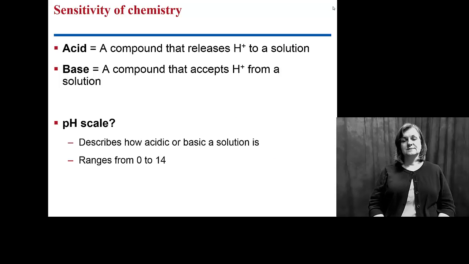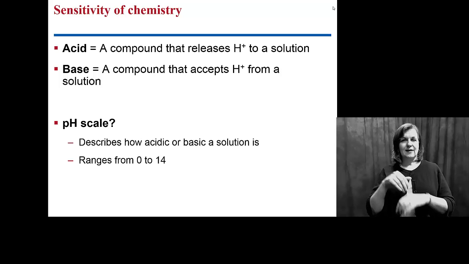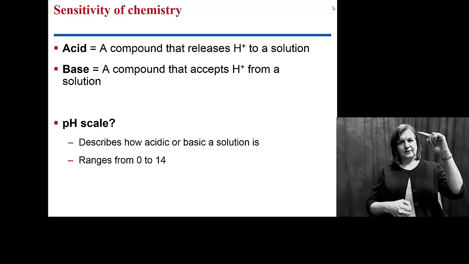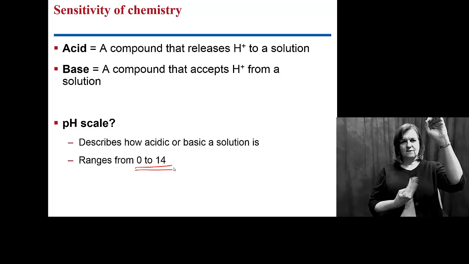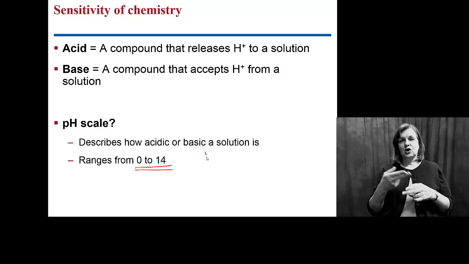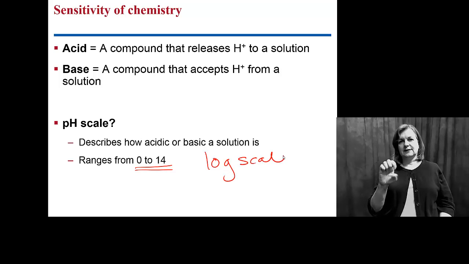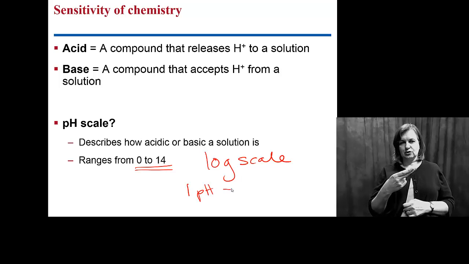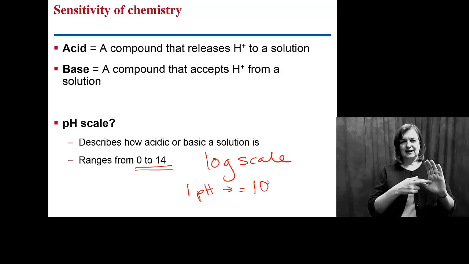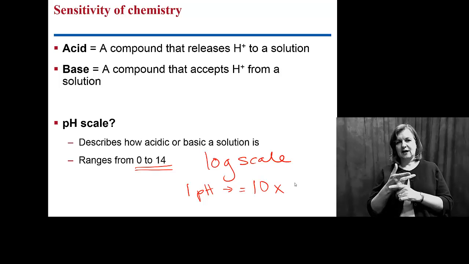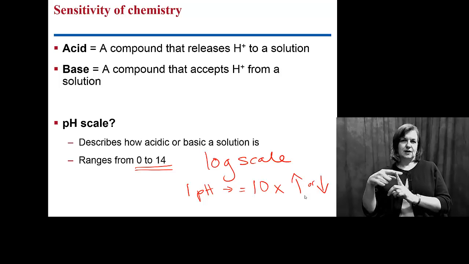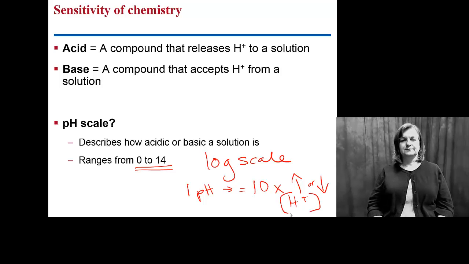So when we look at this, we talk about it on a pH scale, right? Well, when we talk about a pH scale, we actually look at a pH scale ranging from 0 to 14. And this is actually something known as a log scale, meaning that with each change in 1 unit of pH, this actually equals a 10-fold change, increase or decrease, in the H+ concentration.